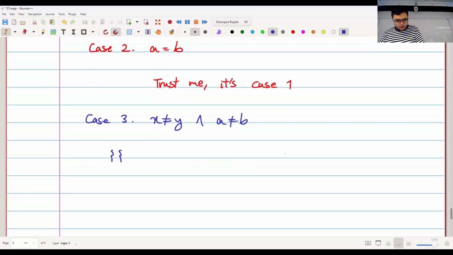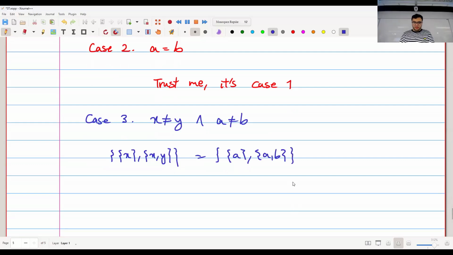So I'm going to have X, X, Y. So this is the pair of X and Y. I have to close another one. Is equal to A and AB. Okay.